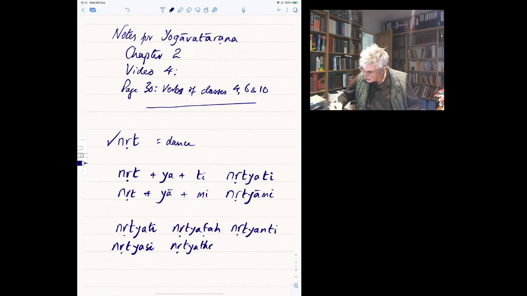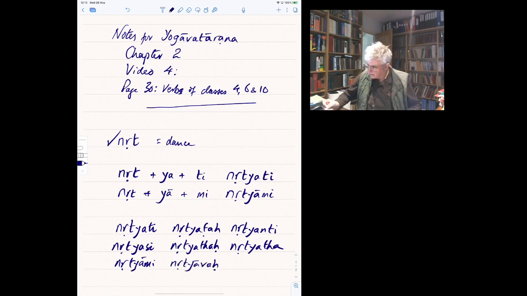Nrityatha, you dance, plural. And then first person, nrityāmi, I dance. Nrityāvaḥ, we two dance. And nrityāmaḥ.